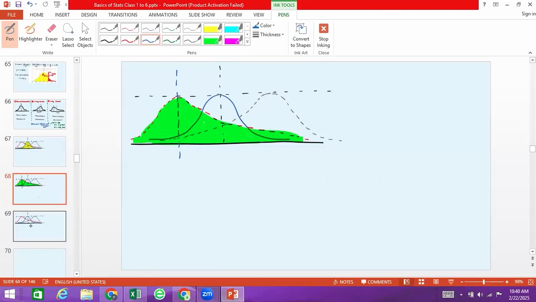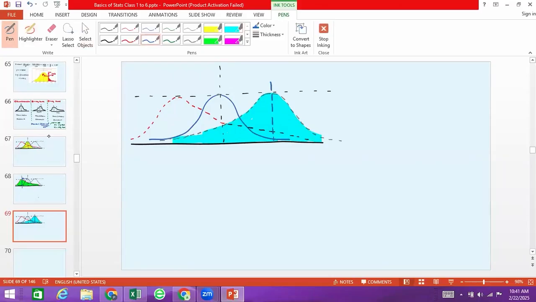So your peak was supposed to be here, but it moved towards this side. Similarly, this one is negatively skewed. When the peak is moving in the horizontal direction, that is called skewness.